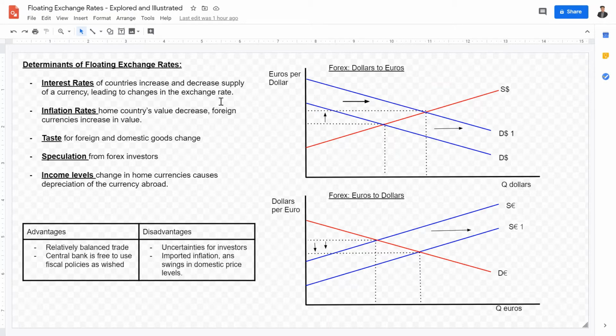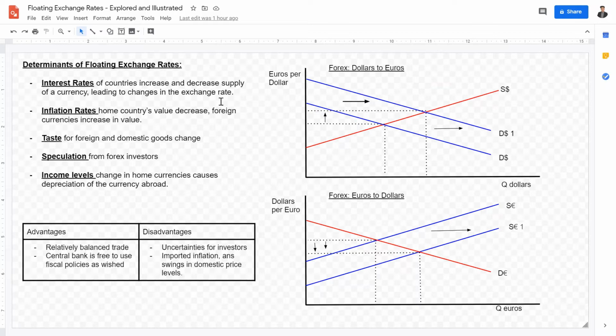Now, taste for foreign goods and domestic goods is another determinant of floating exchange rates. For example, if consumers in Japan suddenly have an increased taste for American products, they increase their demand for American products. In order to buy American products, they have to change their money into USD, therefore devaluing the Japanese yen. Vice versa, if Japanese people have less taste for American goods, they stop buying American goods and stop buying American dollars with Japanese yen, so the Japanese yen will increase in value.